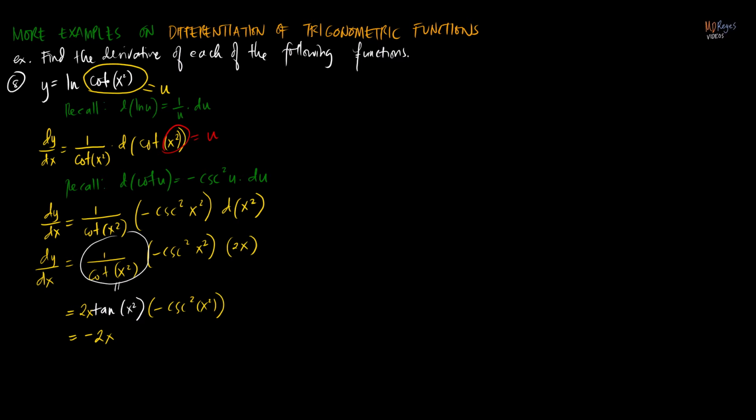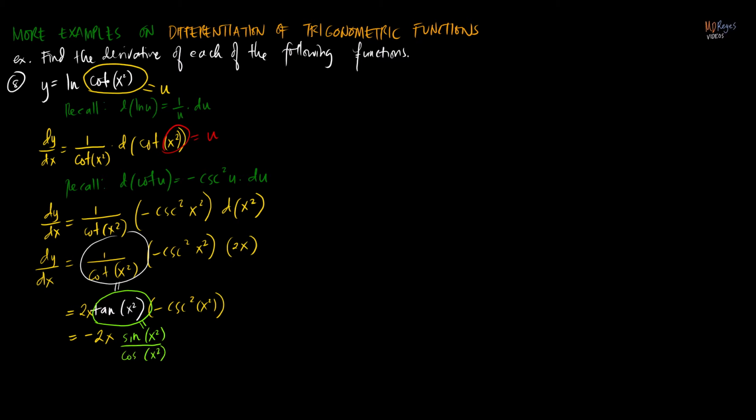Let's write tangent x squared using sine and cosine function. By using a quotient identity, tangent function is equal to sine over cosine, so that's sine of x squared over cosine of x squared.